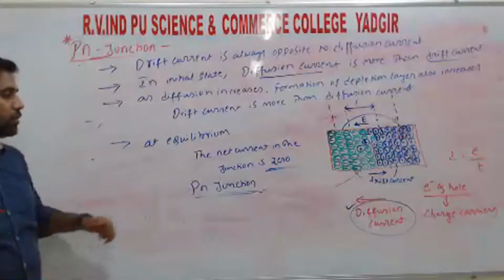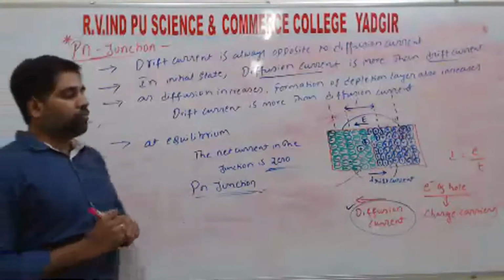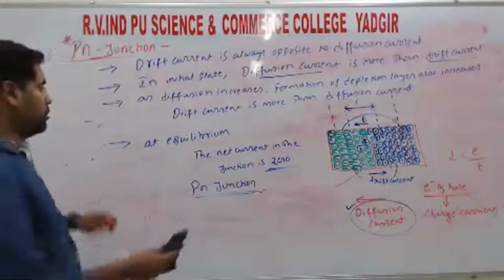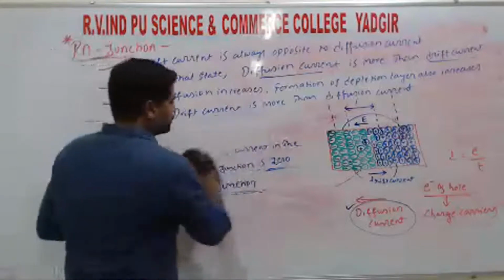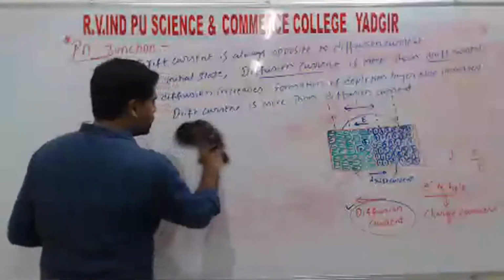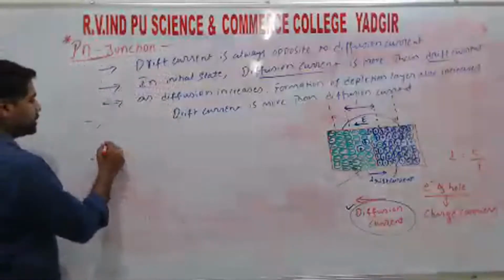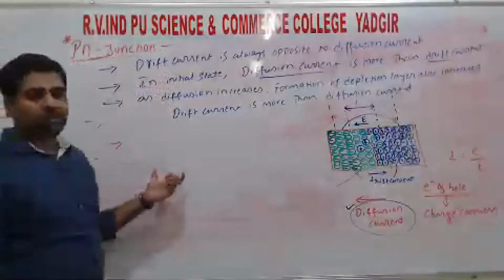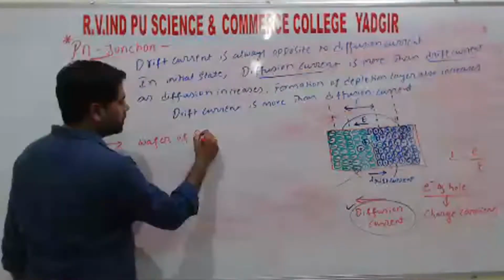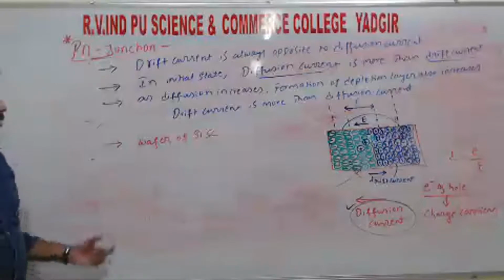So during the formation of the PN junction, the key points we need to remember are: first, we take a wafer of the semiconductor, right?